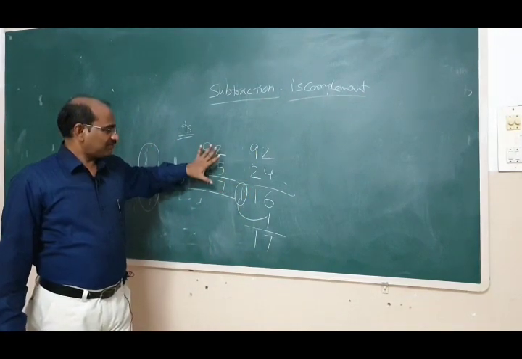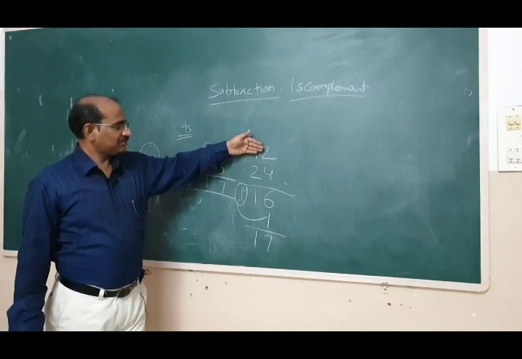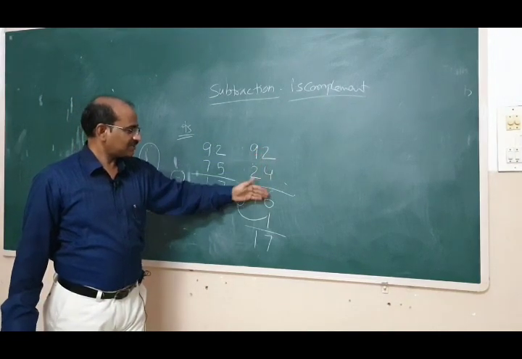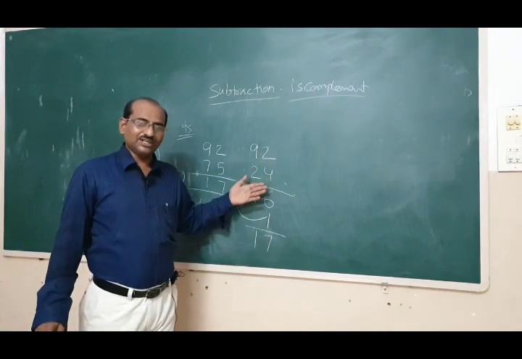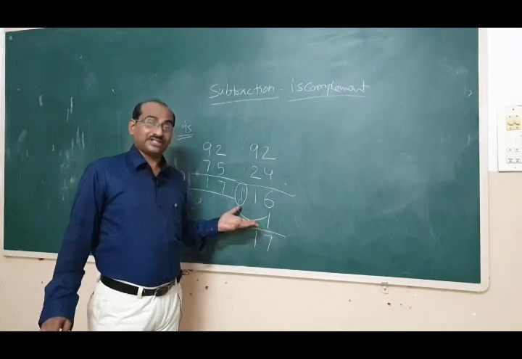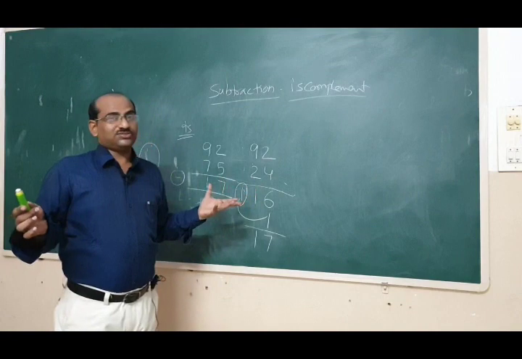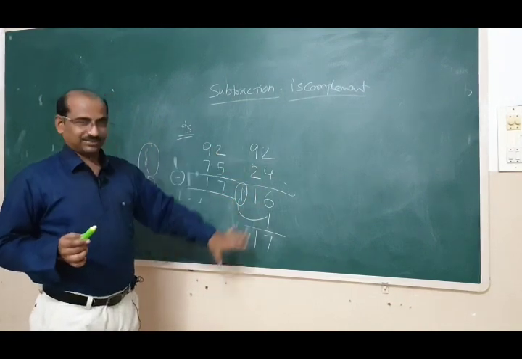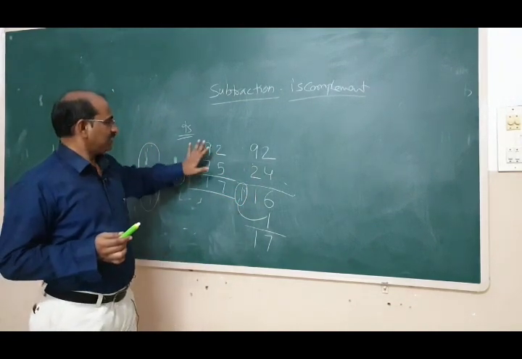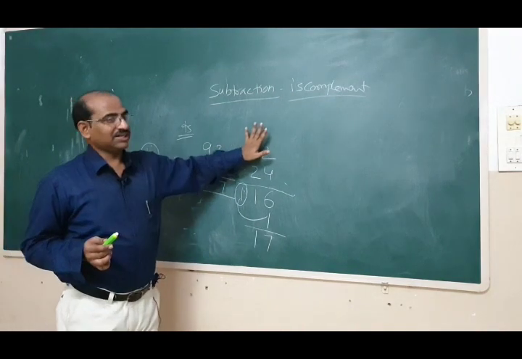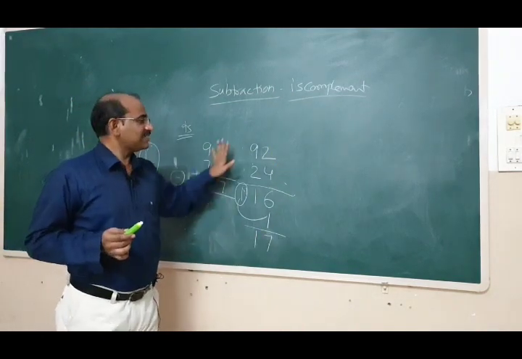So instead of one subtraction, we are adding once and again twice, but it will not take much time. Instead of having 2 separate circuits for subtraction and addition, this is better. Here, instead of subtraction, we are doing the subtraction as addition.